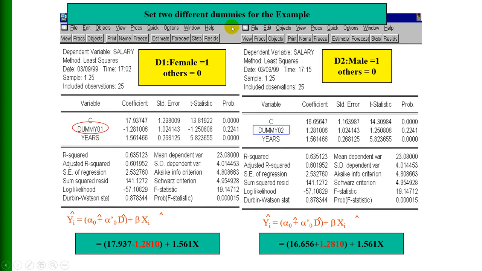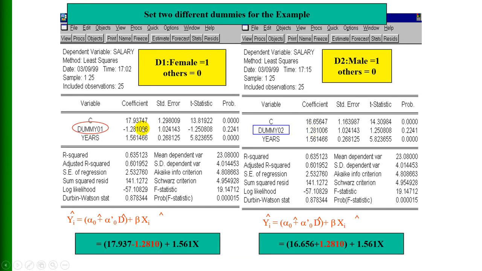So set two different dummies for the example. Here D1 is equal to 1 for female, and here D2, male, is equal to 1 in this example. So this is the estimated regression, and this is the constant, and this is the coefficient of the dummy variable.